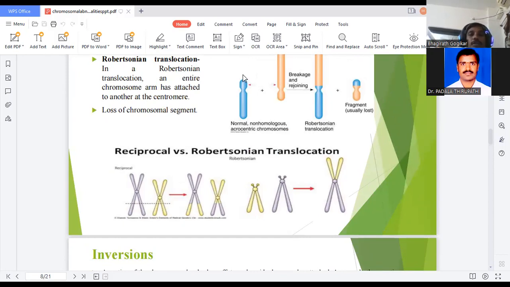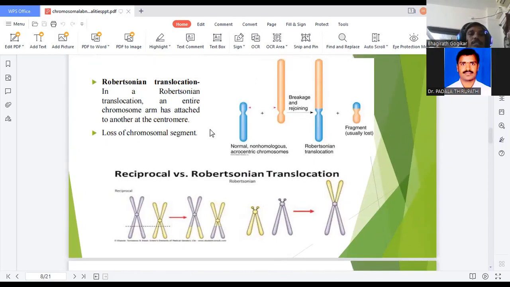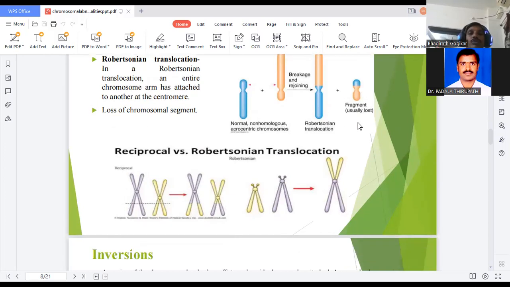This type of special, rare translocation is seen in some animals and plants. So in a Robertsonian translocation, an entire chromosome arm attaches to another at the centromere. Exactly at the centromere they are going to attach. A chromosomal segment is lost, though a few are usually lost. It is a special case, and in some textbooks it's not mentioned.